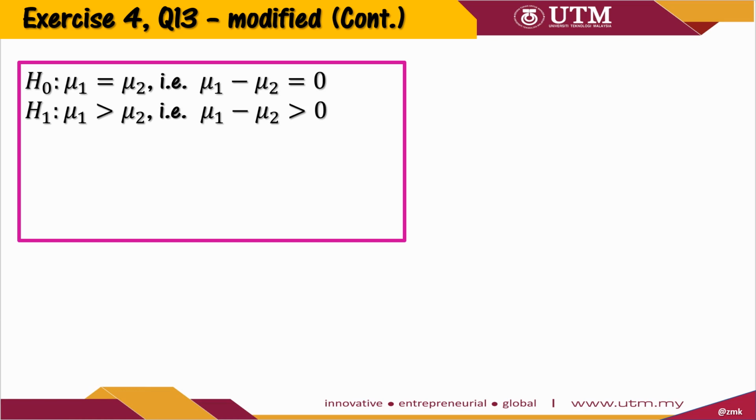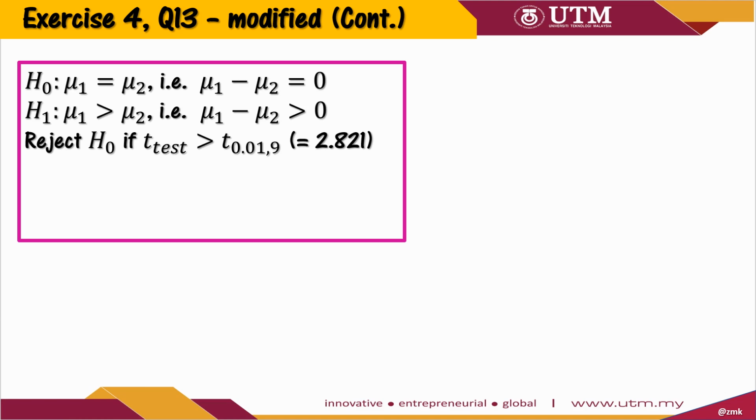Since we have a right-sided alternative test of hypothesis, then we can write the rejection rule as follows. Reject H0 if the t-test is greater than t alpha, nu, which is t 0.01, 9, given by 2.821 from table 5 in the statistical table booklet, page 35.